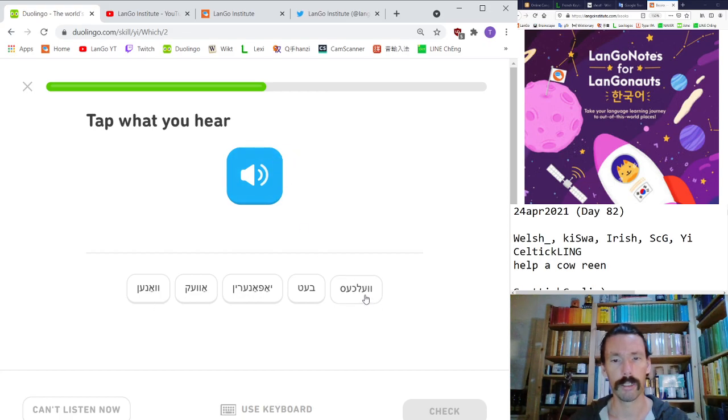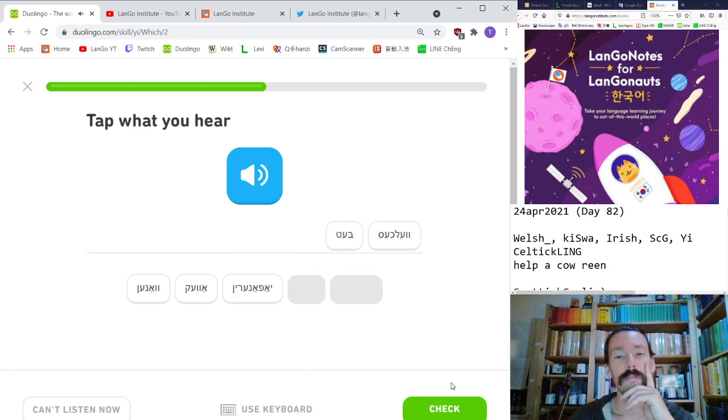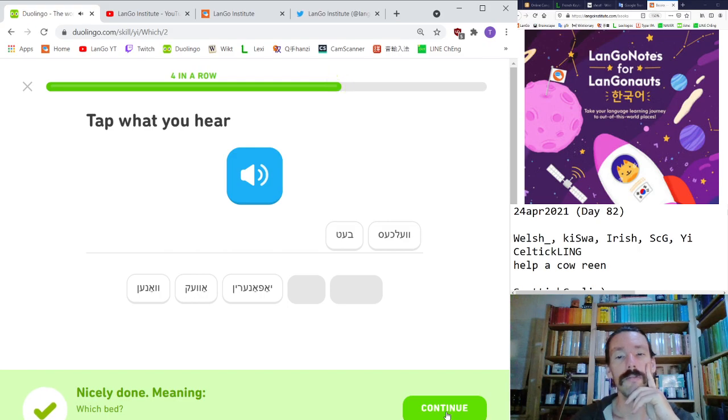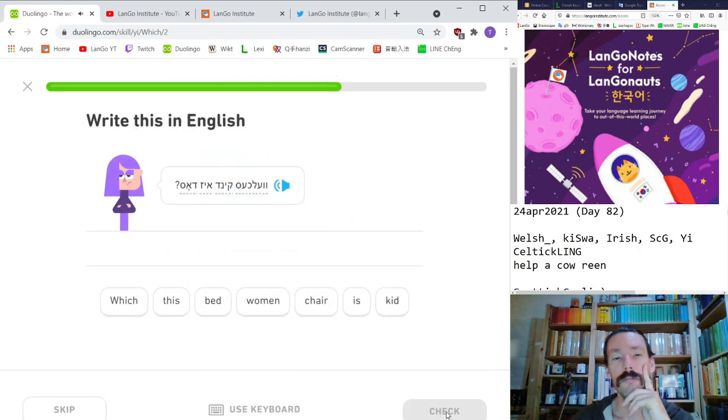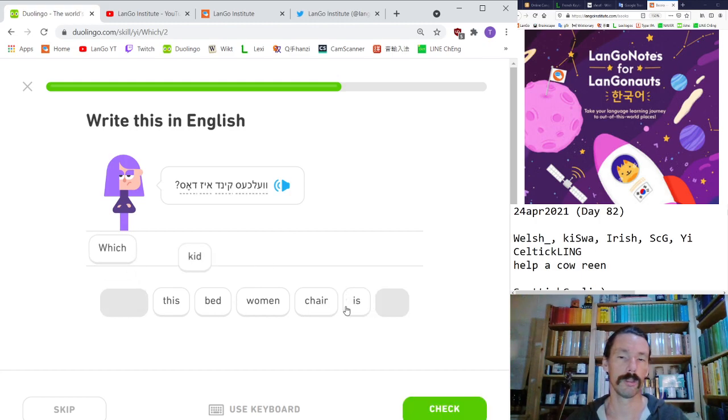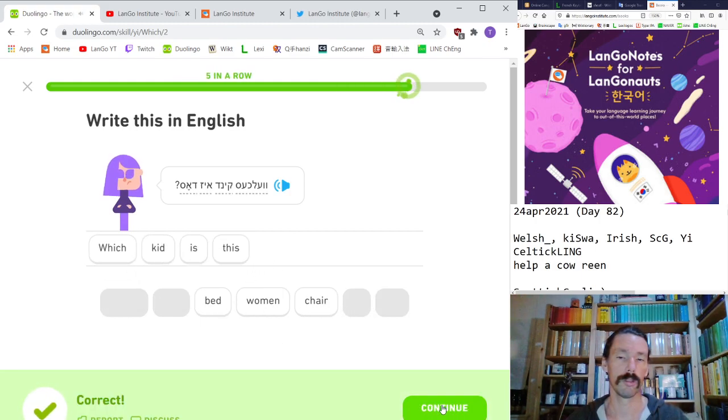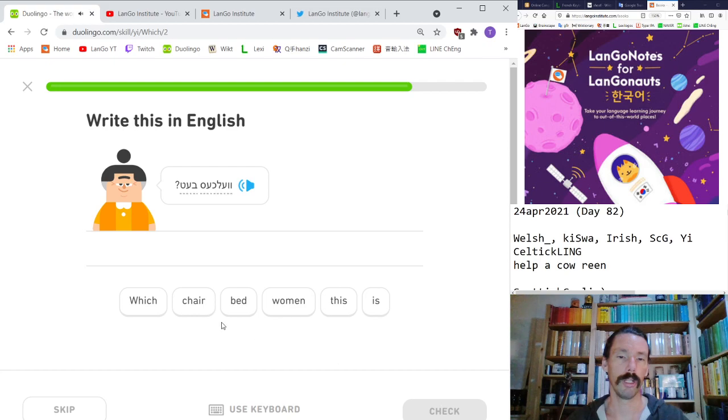Oh, there we go. Welches? Bett. Bed. Welches Kind ist das? Welches Bett? Which bed?